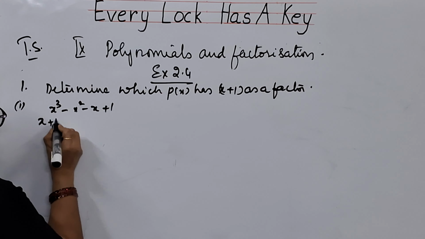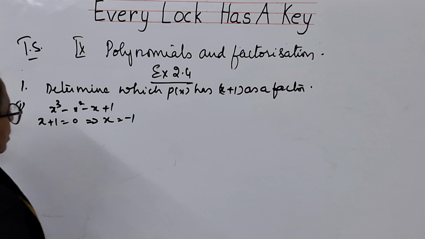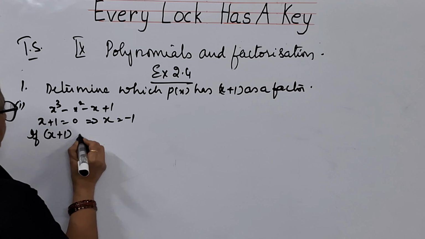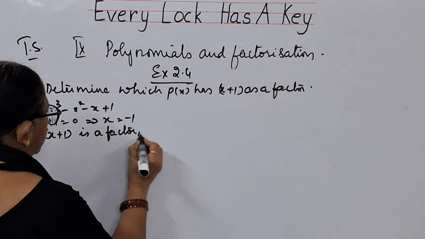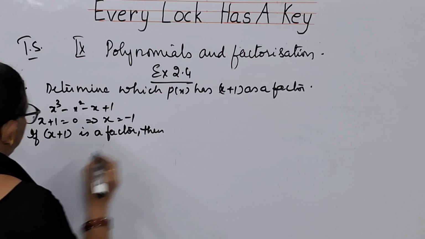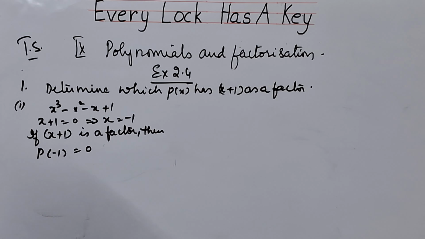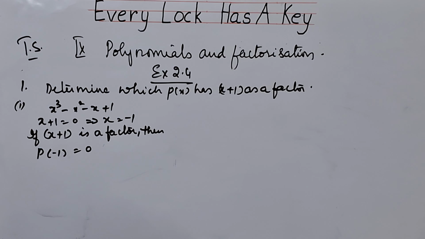That means x plus 1 is equal to 0 implies x is equal to minus 1. So, if x plus 1 is a factor, then P of minus 1 should be equal to 0. If you get P of minus 1 as 0, then only you can say x plus 1 is a factor.